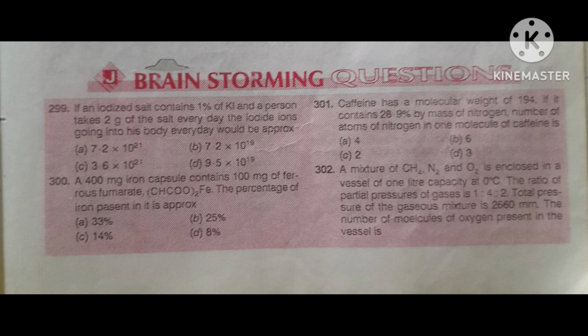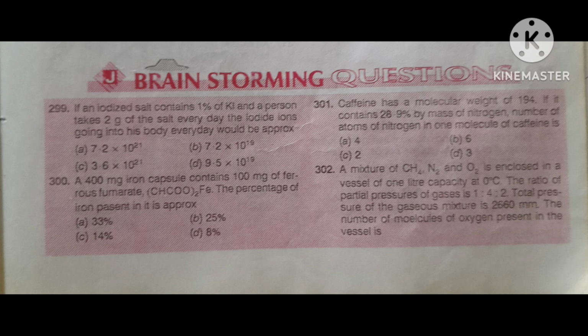Again, one more time, I am reading the question. A mixture of methane gas, nitrogen gas and oxygen gas is enclosed in a vessel of 1 liter capacity at 0 degree centigrade. The ratio of partial pressures of the gases is 1:4:2. Total pressure of the gaseous mixture is 2660 mm.